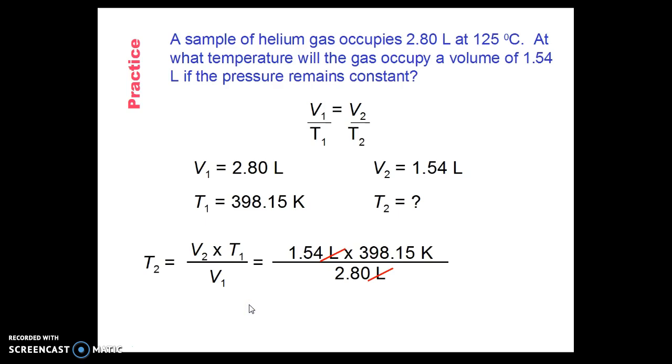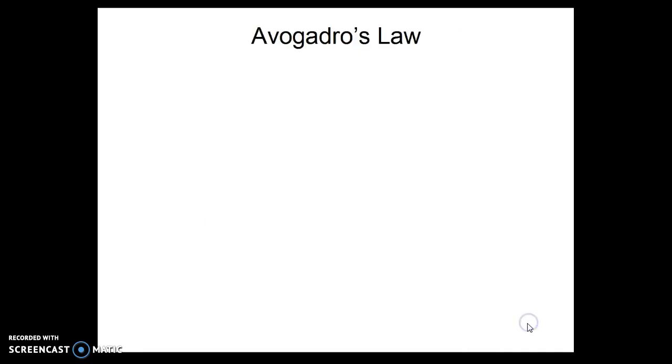Liters over liters is 1, and our answer is 219 Kelvin. If the problem asks us the answer in Celsius degrees, we have to then subtract 273 to get the Celsius temperature of minus 54, and notice the temperature has gone from 125 to minus 54, a decrease as expected.